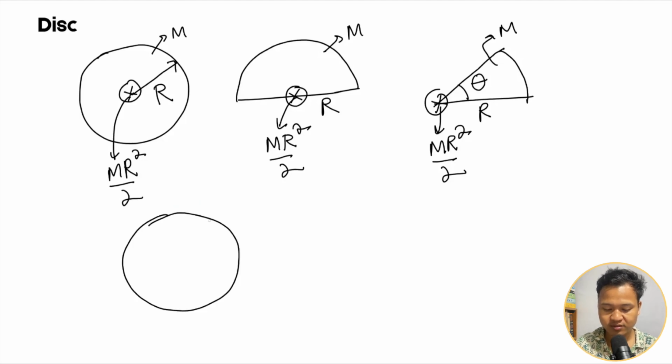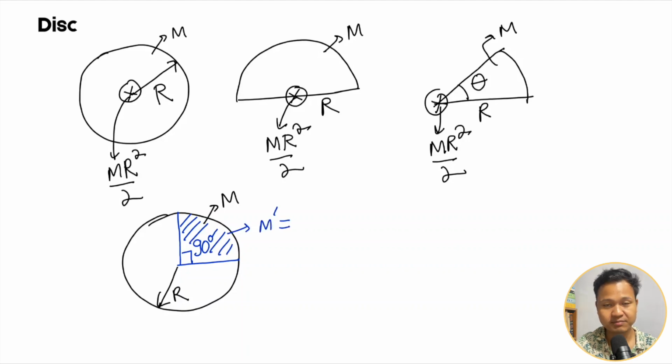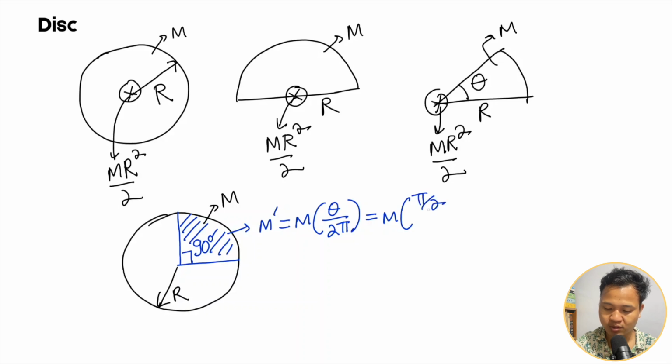So if the mass of this disk is m and radius is r, and from here this 90 degree part is removed, what is m dash here? Same thing as I said, m into theta divided by 2 pi. That is m into 90 degree, pi by 2, divided by 2 pi, which is m by 4.